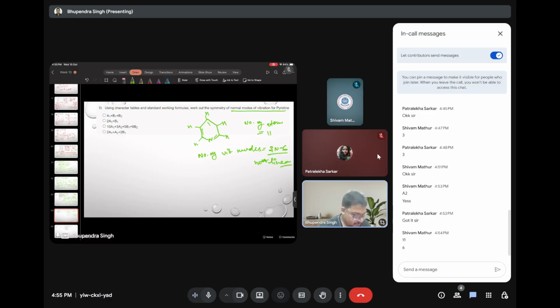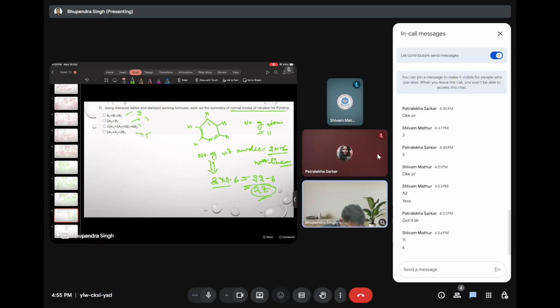Okay, using this formula, let's find the number of vibrational modes: 33 minus 6, that is 27. One shortcut is to calculate the number of modes using the options.